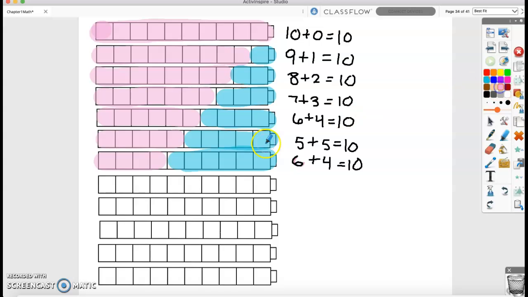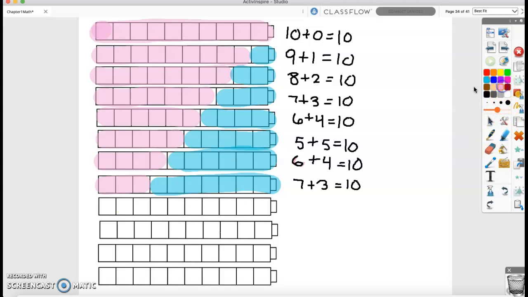Here we go. I'm going to color in this many pink and this many blue. Think about what you think our number sentence should be. If you said 7 plus 3 equals 10, awesome job.